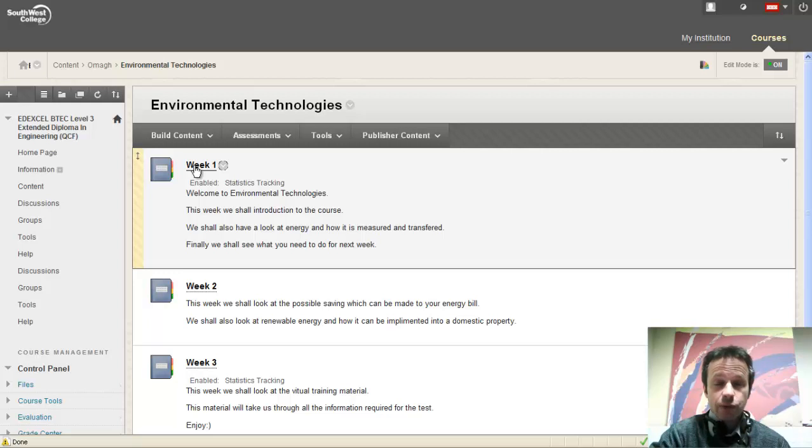Task 4 then looks at renewable energy, and that's what we're going to be looking at today, and that's what we're going to use the software that I'll show you for. And then task 5 looks at the cost of the energy saving devices, or the renewable energy devices. And again, Energy Saving Trust website helps you out there as well, so you should have seen the cost come up against the kind of measures that you can put in place.